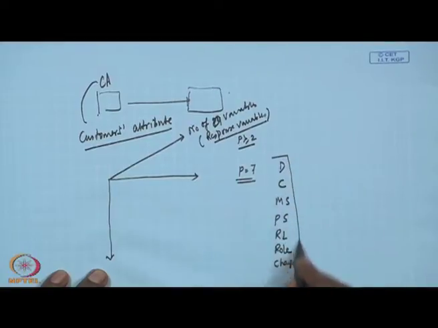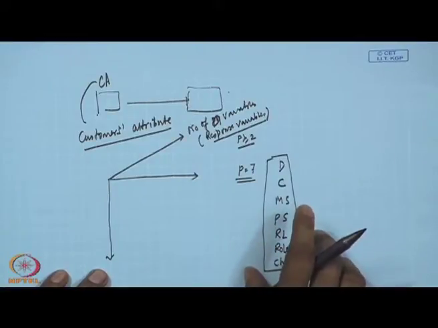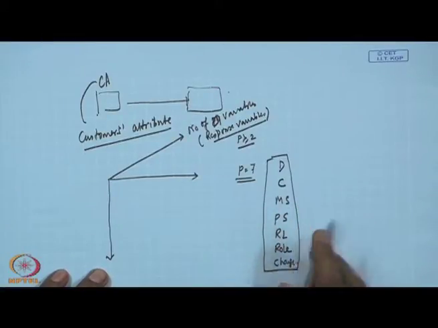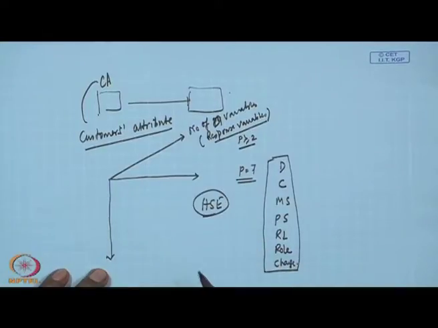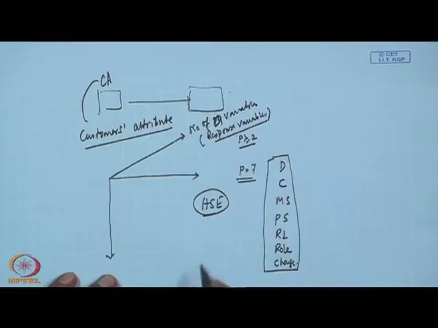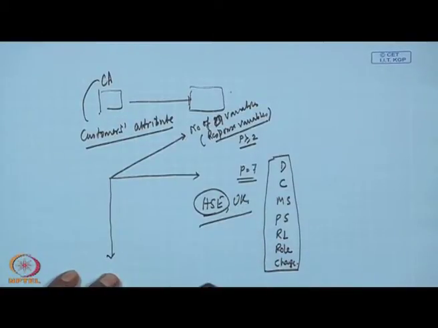So, these are the 7 risk factors to which, in other words, employees are exposed. These risk factors were developed by HSE, Health and Safety Executive, UK.